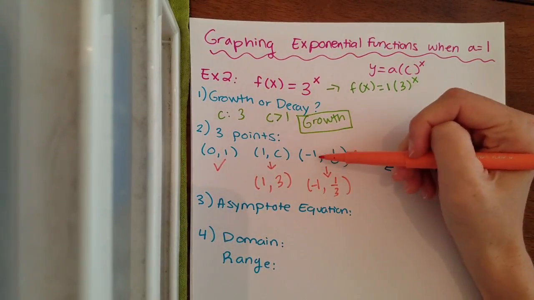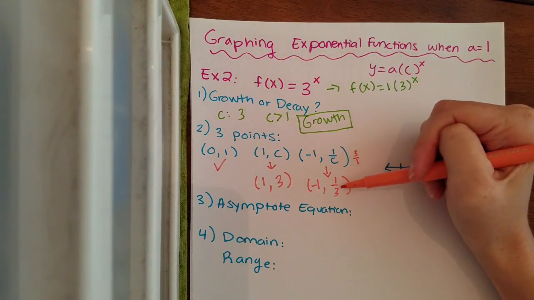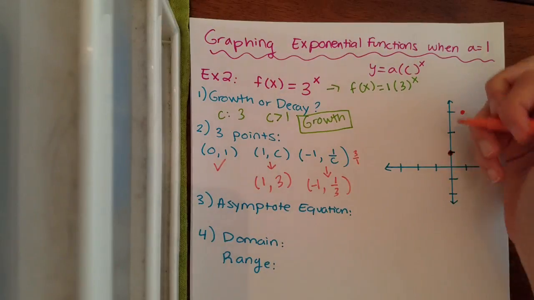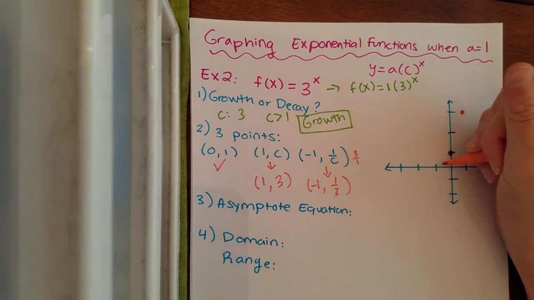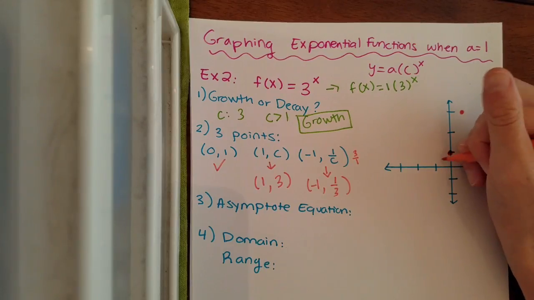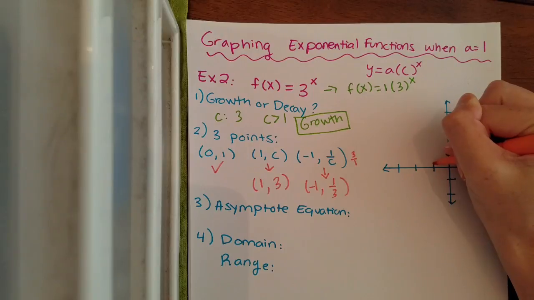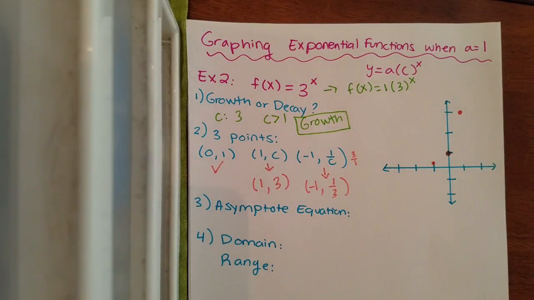Okay, so at negative 1, you always find the reciprocal or flip the c value, and bam, you have your negative 1 point. So at negative 1, it's going to be 1/3, which I'm just going to approximate since I don't really have 1/3 on the graph. So 1/3, it's not quite halfway, it's a little bit lower than that. So I'm just going to put a little point right there.